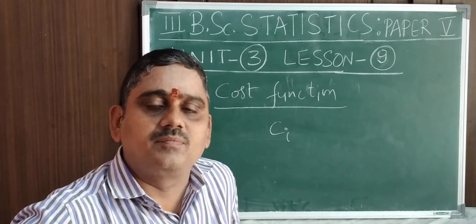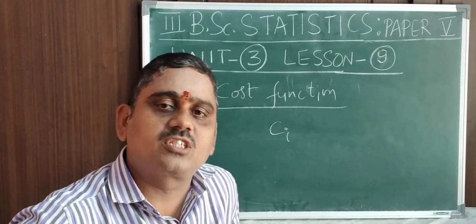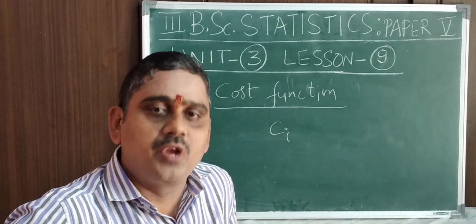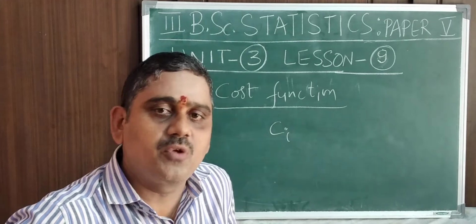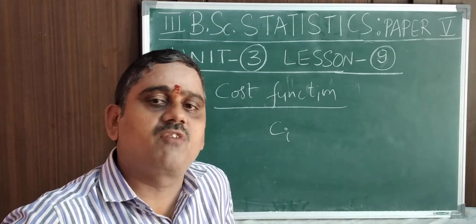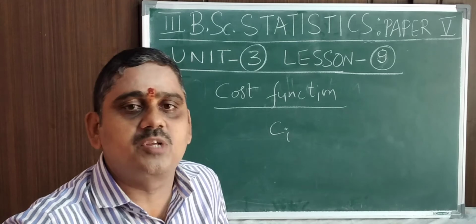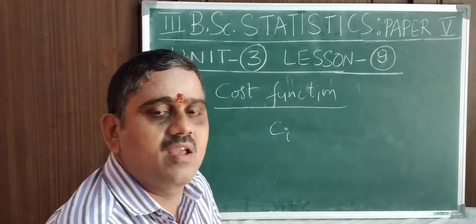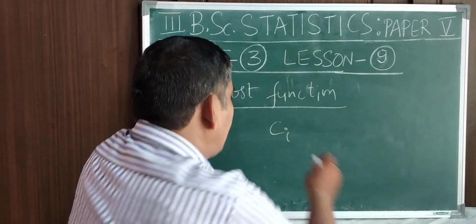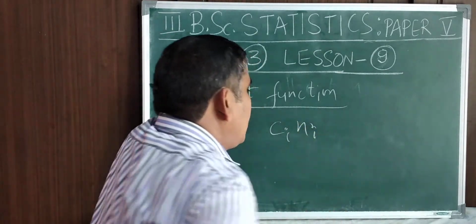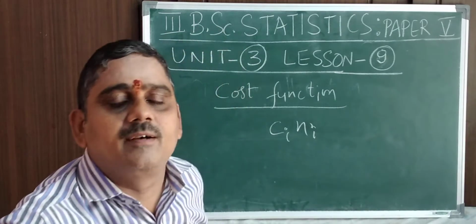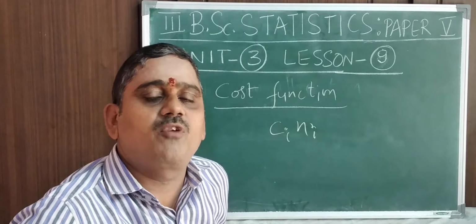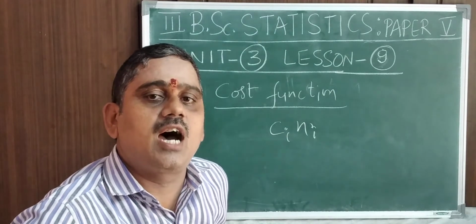What is the cost per unit of collecting data from the ith stratum is specified by Ci. If you want to get the total cost, it is multiplied by ni, the sample size drawn from the ith stratum. So there are ni units in the ith sample.